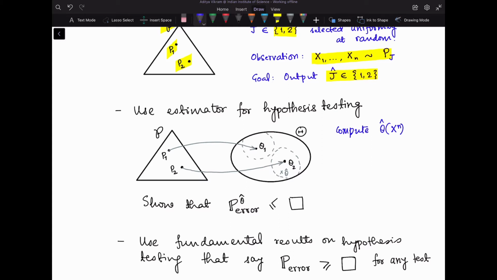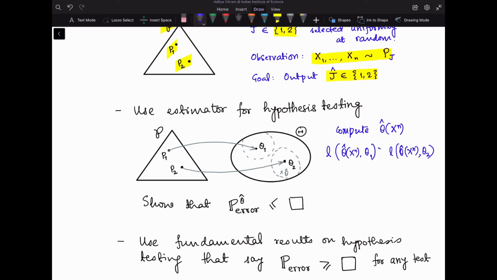Okay, and now we look at this L theta hat xn comma theta 1 and L theta hat xn comma theta 2. L theta hat xn comma theta 1 basically says how far your theta hat is from theta 1. L theta hat comma theta 2 will say how far your theta hat is from theta 2.